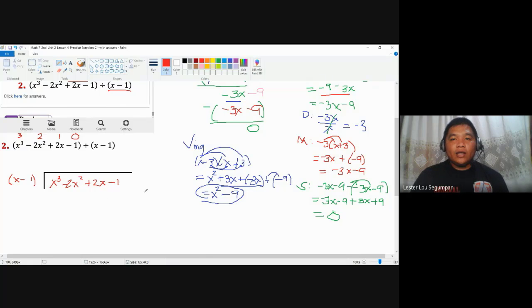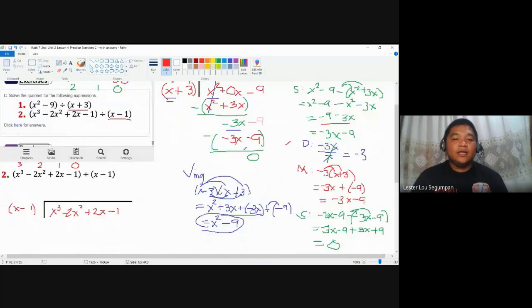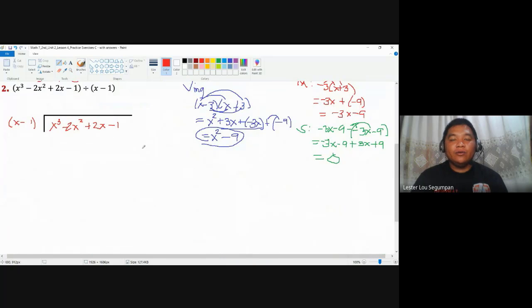Since we are not adding any term to complete the decreasing order of degree of the terms, what makes number 2 different from the previous videos is that this needs three separate repetitive processes. In the previous examples, and even including number one, we divided twice. Here, expect that we're going to do it three times. To show that, let's just start.